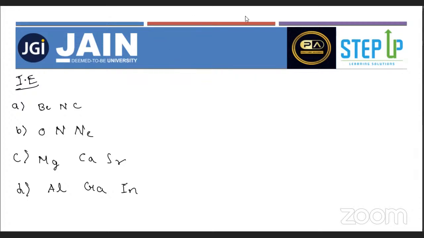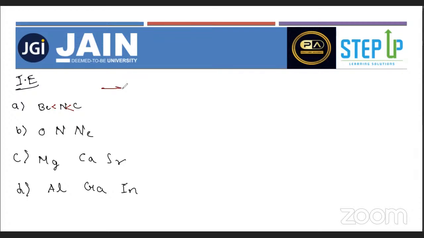Variation in answers. Beryllium, nitrogen, carbon. Why N, C, B and why B, C, N?